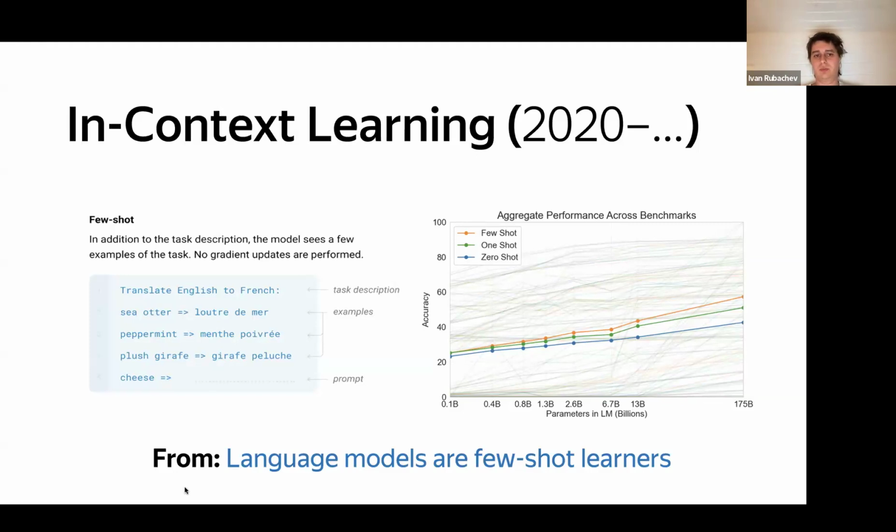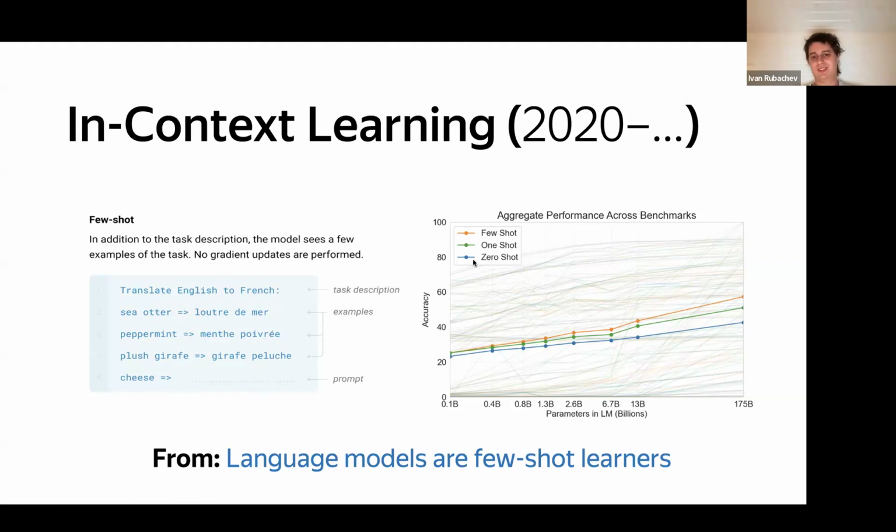For example, when you specify the desired task in a textual format, like this slide has a translation example, and you give a few examples, the model could just continue to produce similar-looking examples, and it basically learns a new task in context.